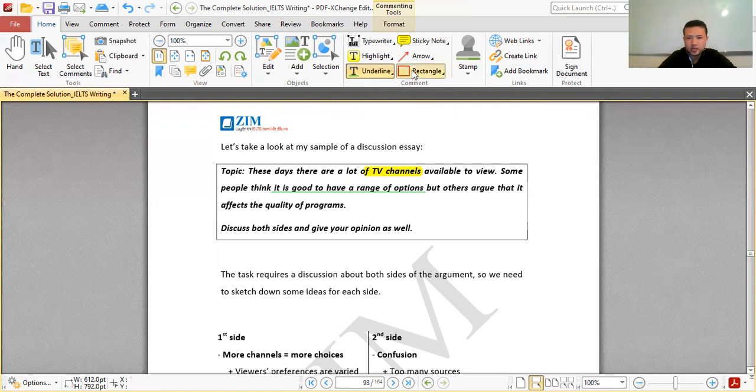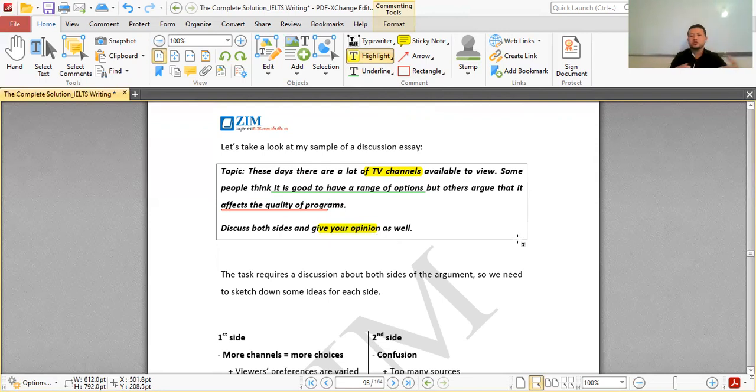And the next argument, guys, is that it affects the quality of programs. So there are two kinds of argument, and you have to give your own position and your own opinion.